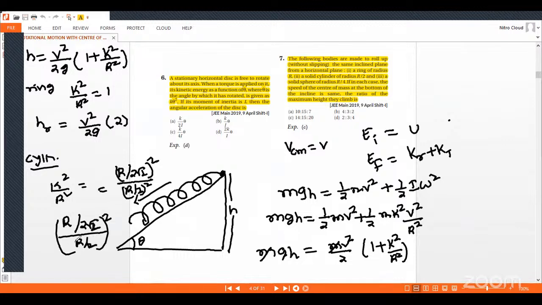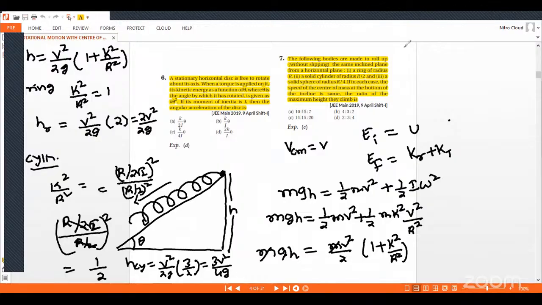So for the cylinder, we get k square by r square value as 1 by 2. So h cylinder equals v square by 2g times 1 plus half, that means 3 by 2. That is 3v square by 4g. The ring is 2v square by 2g.